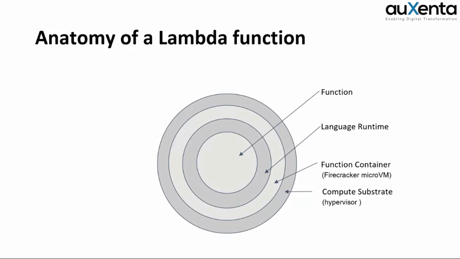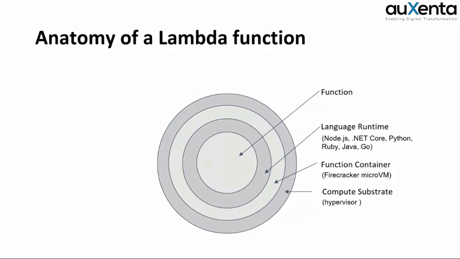As I said earlier, it's an AWS open source project they started, and they are using it for Lambda. Within this Firecracker micro VM, there are language runtimes like Node.js, .NET Core, Python, Ruby, Java, and Go. They say we can have custom runtimes also within these containers.